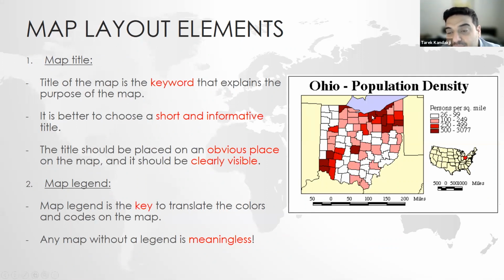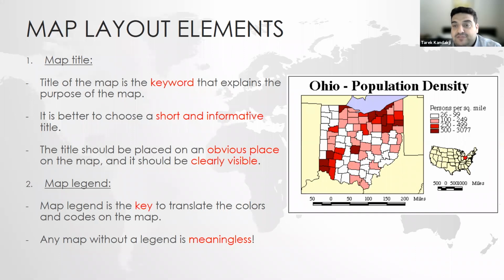You have dark red, regular red, light red, white. These are information. If I look at it without the legend, I will not know what the white color is for, or what the red color is for.